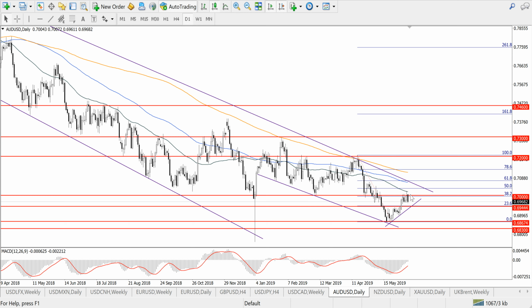However, even if it gets above 0.70, the next significant resistance will be in the area of 0.7067, the downtrend line, the 100-day moving average. So all in all, the way to the upside should be difficult for the currency pair.